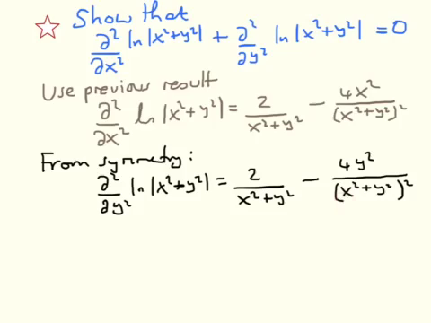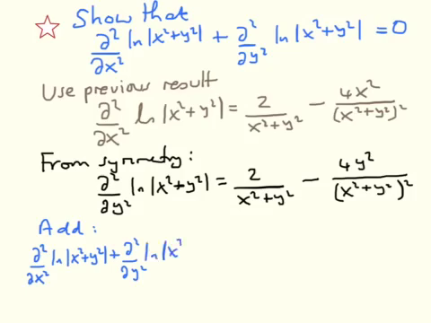So with this result, we can now add the results, and we get that the second derivative with respect to x of the log of x squared plus y squared plus the second derivative with respect to y of the log of x squared plus y squared is going to be, and now I want to put the terms together.